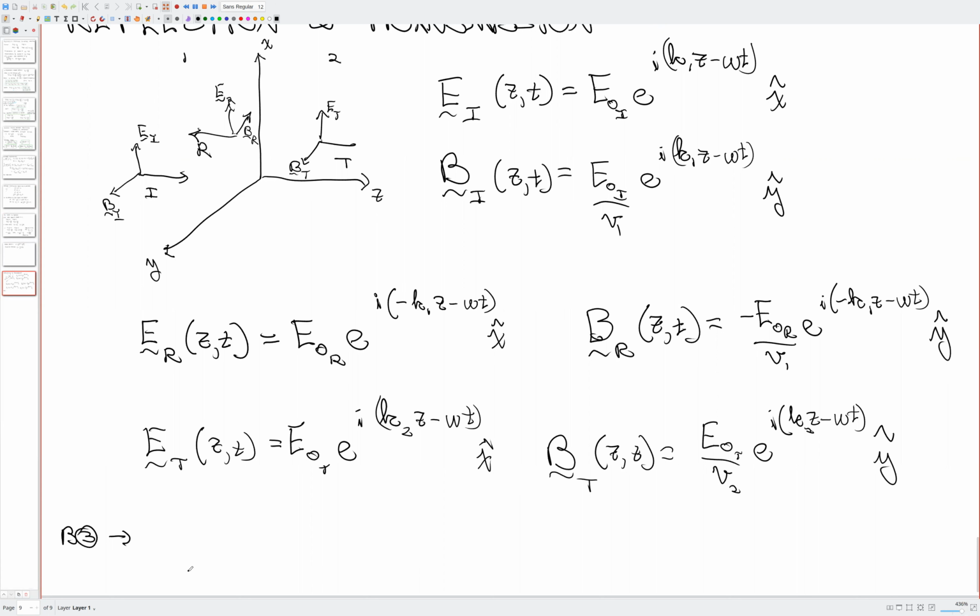Okay, so that means that the E incident plus the E reflected, when evaluated at Z is equal to 0, for any X and Y, has to be equal to E transmitted, again at Z is equal to 0, for any X and Y.